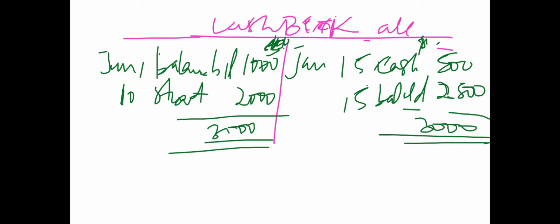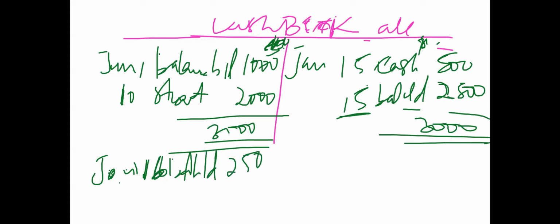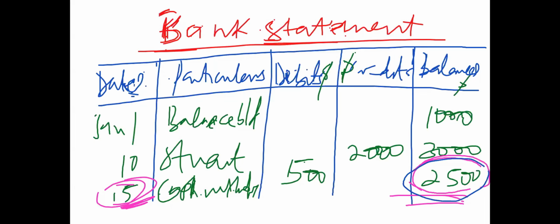Now you are seeing that on Jan 16th, because this was 15th, the balance brought down is 2,500. This is what I mean, that this amount is the same amount that we have in our bank here.